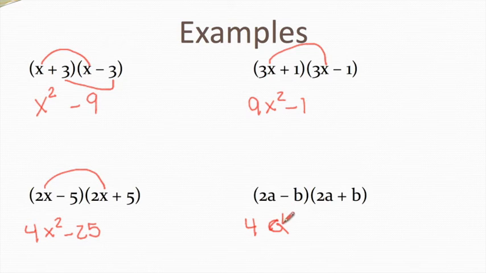And negative b times b will give me negative b squared.